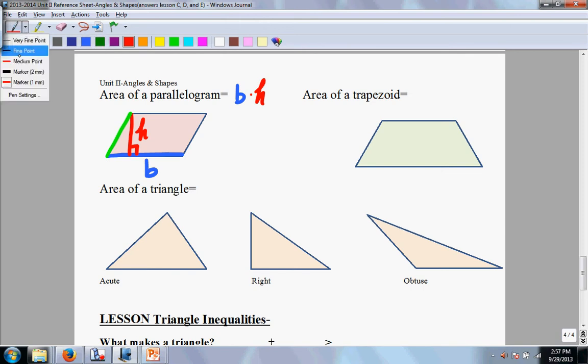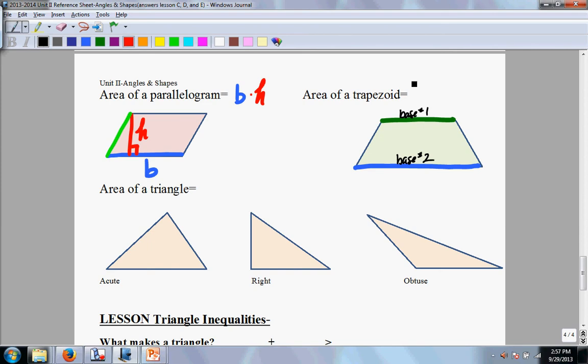Area of a trapezoid. We have actually two bases here. We have one base here and another base here. There's several ways to write this. Remember, we learned that a trapezoid is basically half a parallelogram with two bases. All right, base number 1, base number 2.